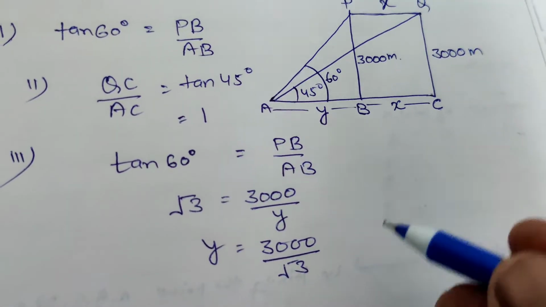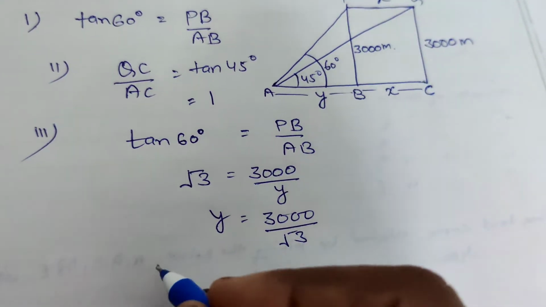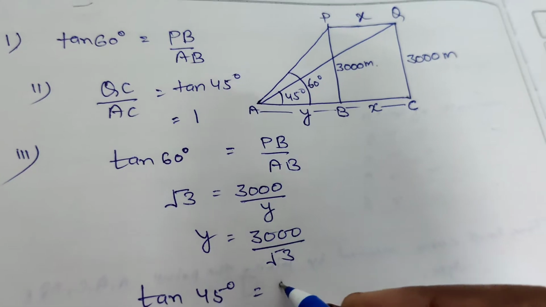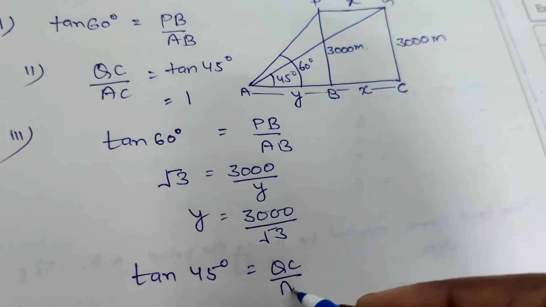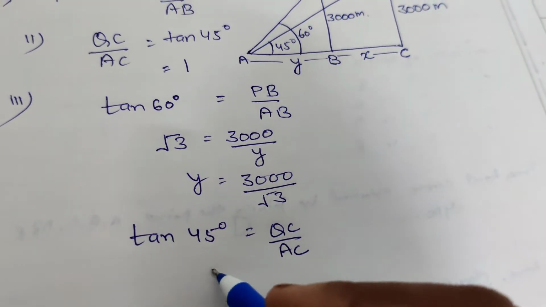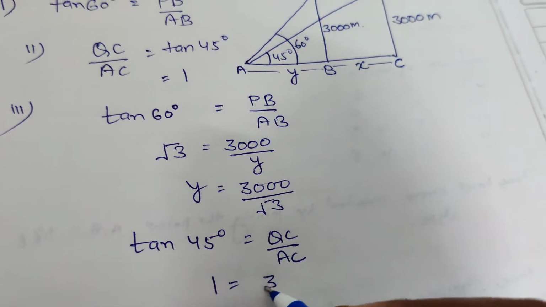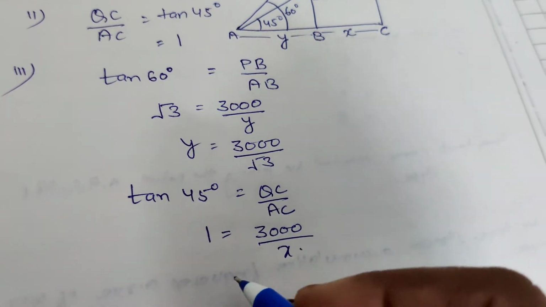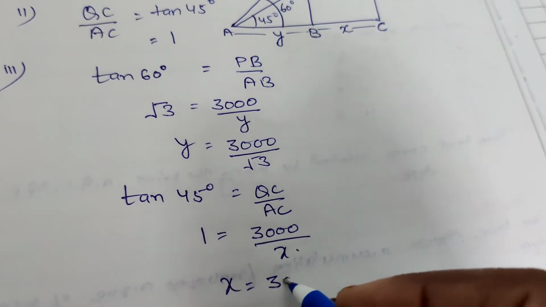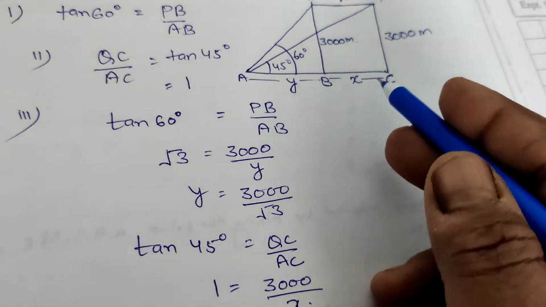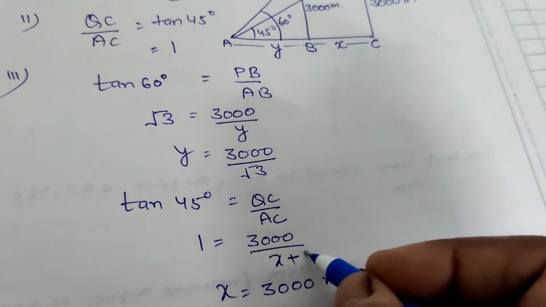Next, tan 45 degrees equals QC upon AC. Tan 45 is 1, QC is 3000 and AC is x plus y.